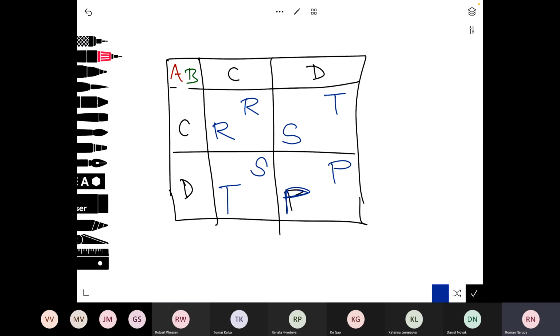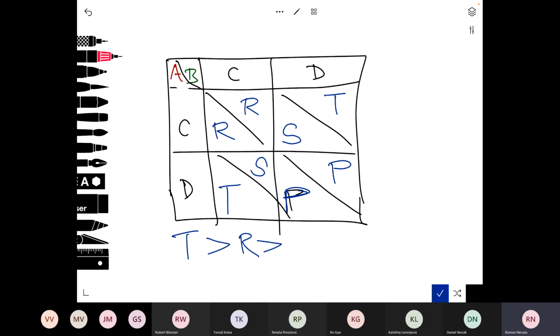So we understand this. We have A and B, and these are the payoffs, right? And in order to be a prisoner's dilemma type of game, we need the inequalities to hold like this.